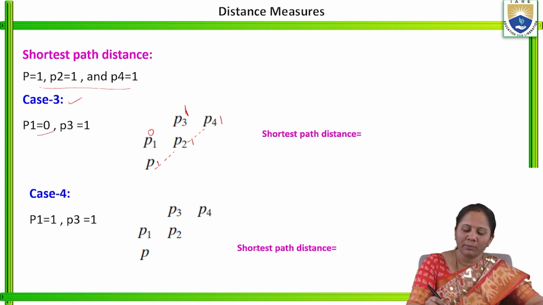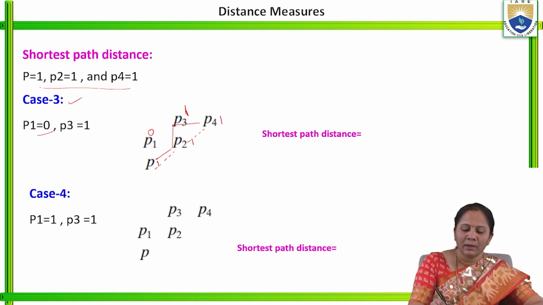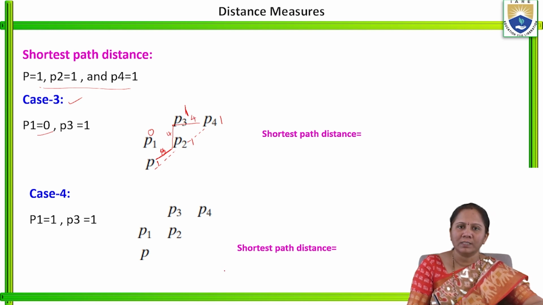And what is another combination? Another combination is from P to P2 and from P2 to P4, P3 and from P3 to P4. This is one way of finding the shortest distance. But if we consider here, this represents the 4 adjacents. This is 8 adjacents, this is 4 adjacent and this is also 4 adjacent.